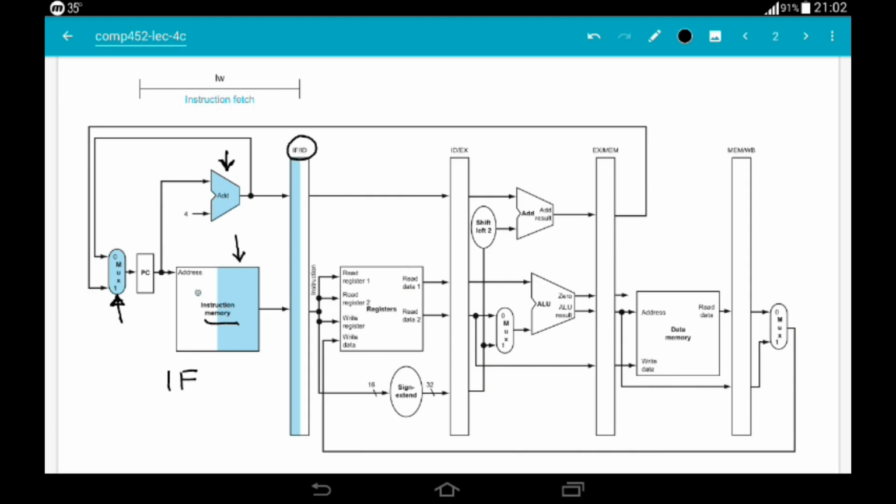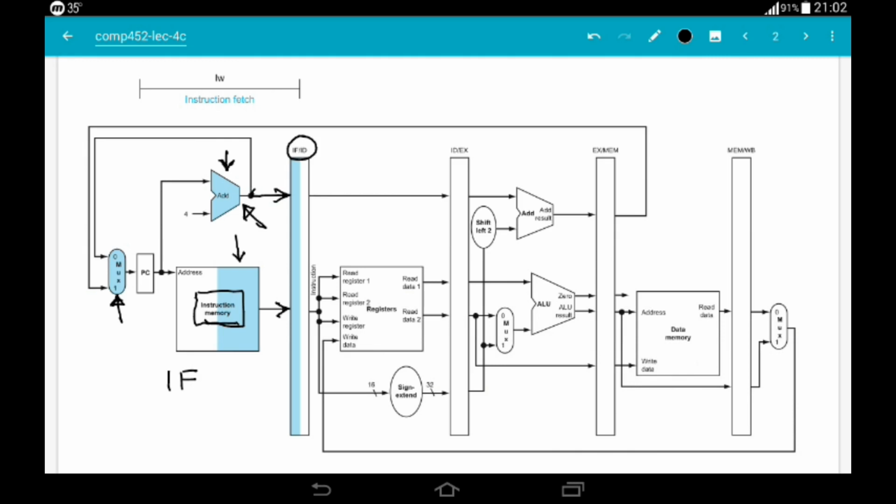So the instruction is fetched from instruction memory, PC plus 4 is calculated here, and then the instruction word is stored into the IFID register, and the PC plus 4 value is stored in the IFID register.